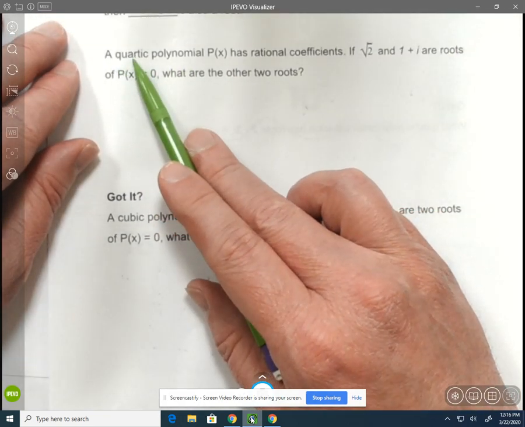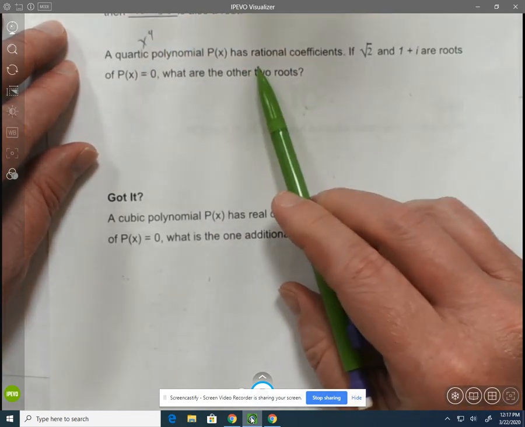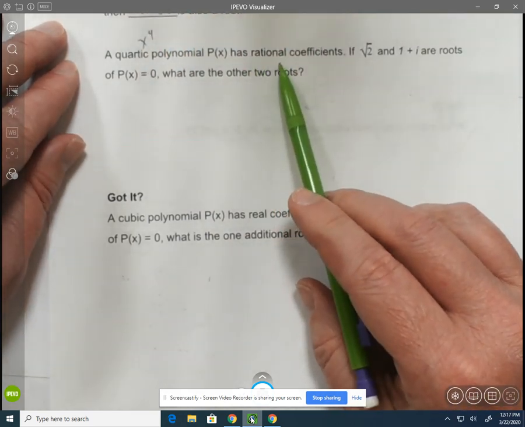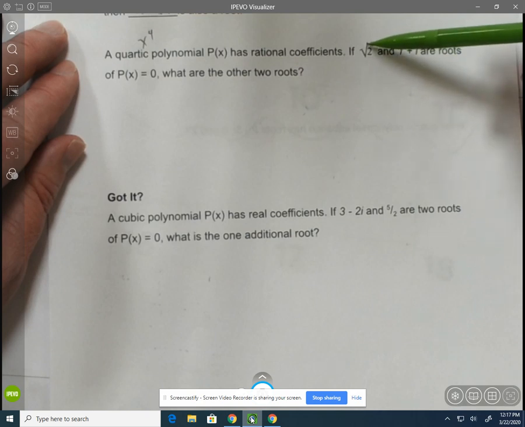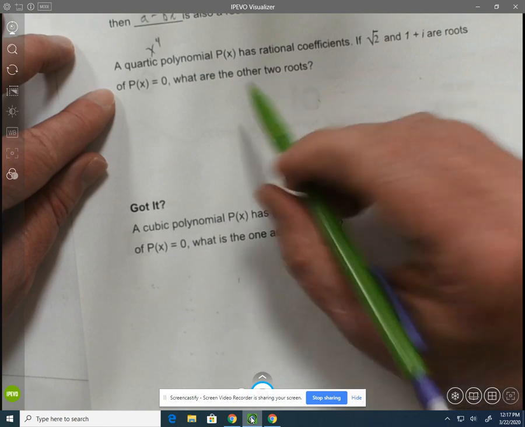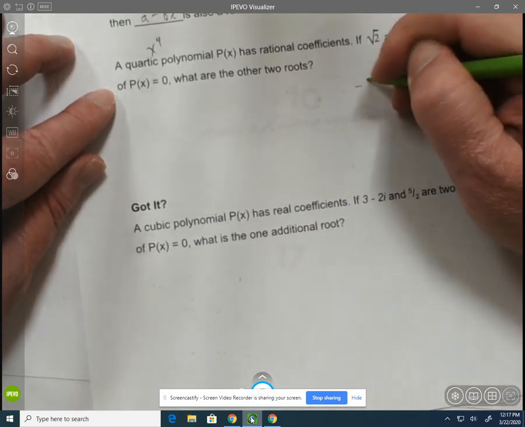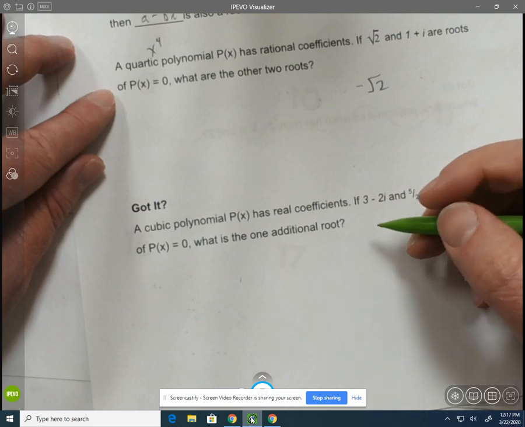So it says that if we have a quartic, all right, a quartic is just an x to the 4th polynomial, and it has rational coefficients, and the square root of 2 is a root, it says, what are the other two roots? Well, if the square root of 2 is a root, that means the opposite of that, negative square root of 2, is also a root.